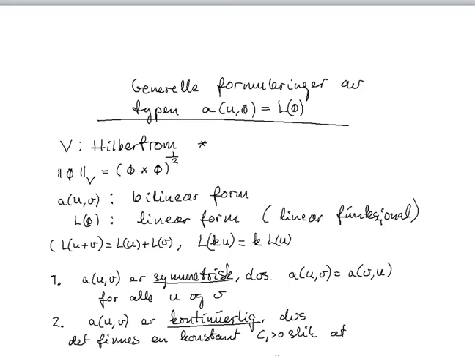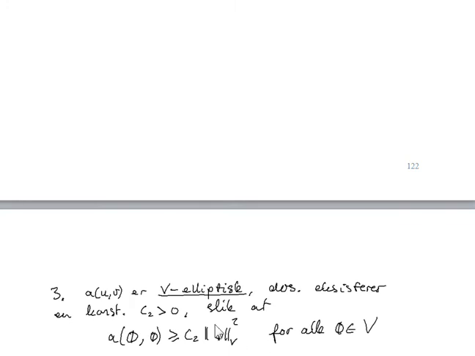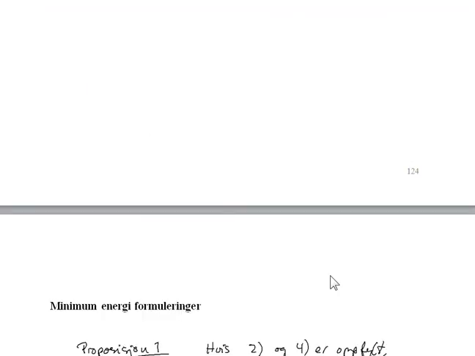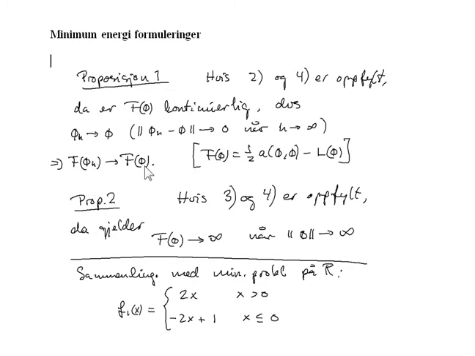We remember that one was connected to continuity, and the next was the V ellipticity. So then we obtain this result. That implies the convergence, or the continuity, of this functional.